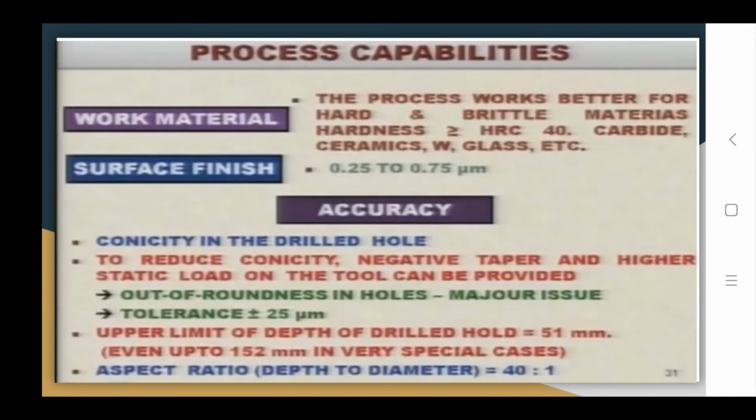And the upper limit of the depth of the drilled hole is normally 51, but in very few or in very special cases users have gone up to 120 as the depth of penetration, but for this you require a special kind of slurry pumping device so that the slurry can go deep inside. An aspect ratio that has been obtained is normally 40 to 1.